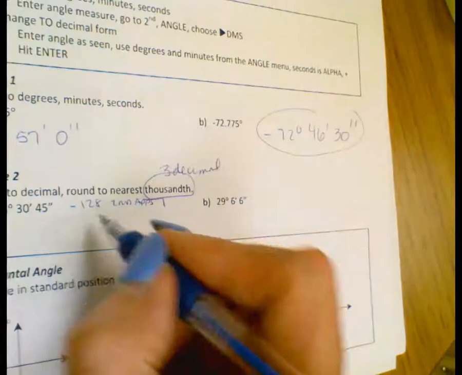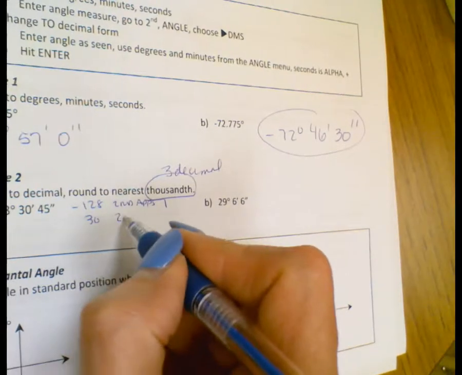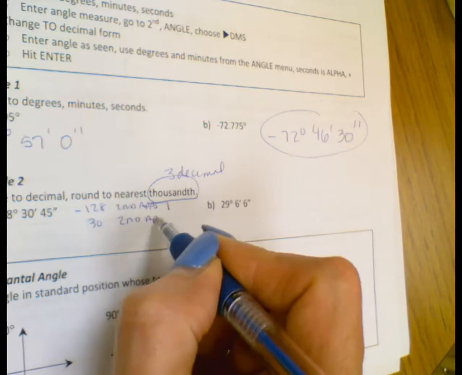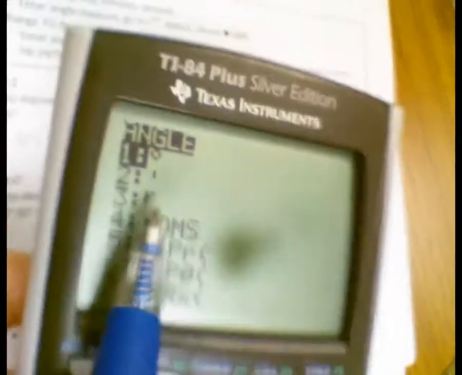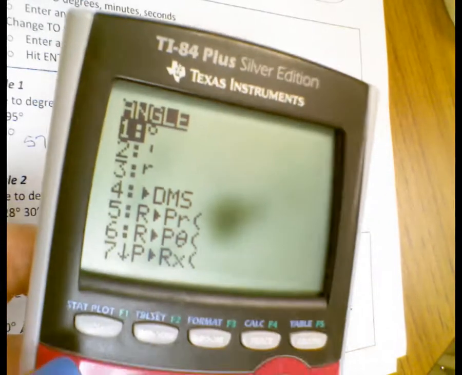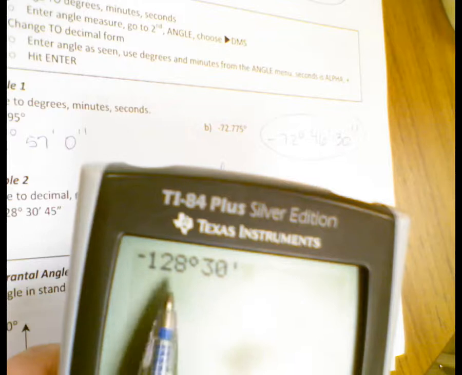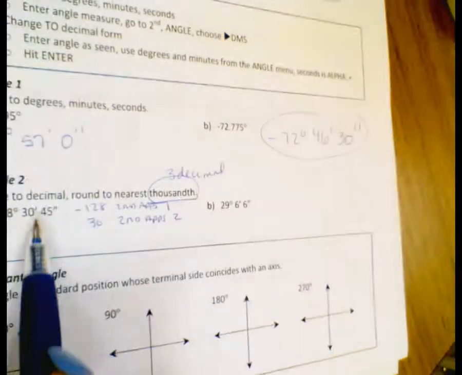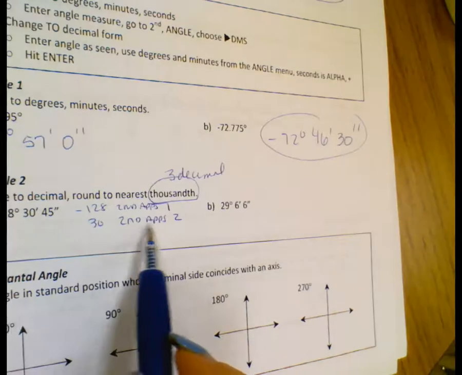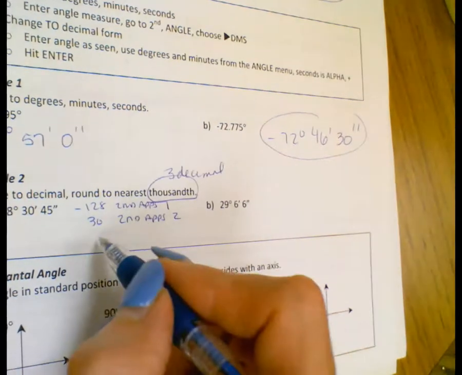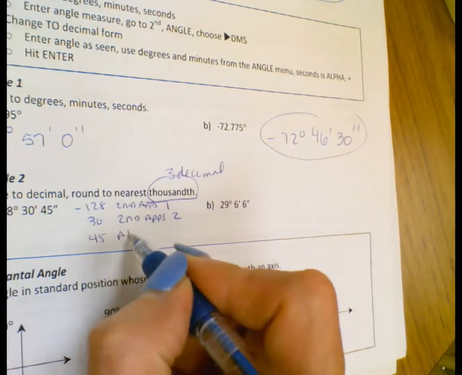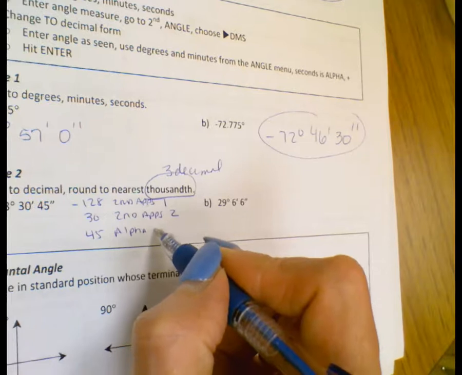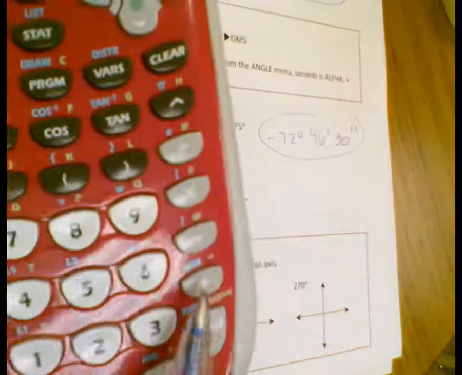Now you're going to type in 30, second apps, and now we want the minute symbol, which is number 2. That says negative 128 and 30 minutes. That's what the first part is. Now seconds is not in that column. Seconds is somewhere else. So we're going to press 45 alpha plus, because seconds is way down here with the plus sign.